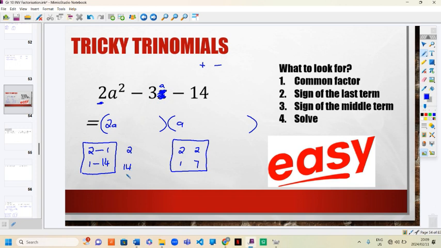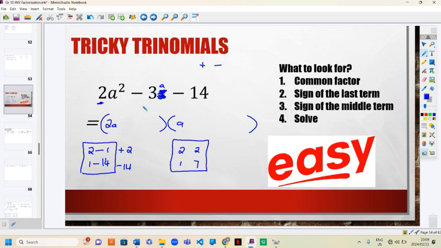The biggest one or the smallest one? The biggest one. So in order for me to get a negative answer, I need to have the biggest factor being whatever that sign is for the middle term. So negative 14 and then plus 2. And what is negative 14 plus 2? That's negative 12.